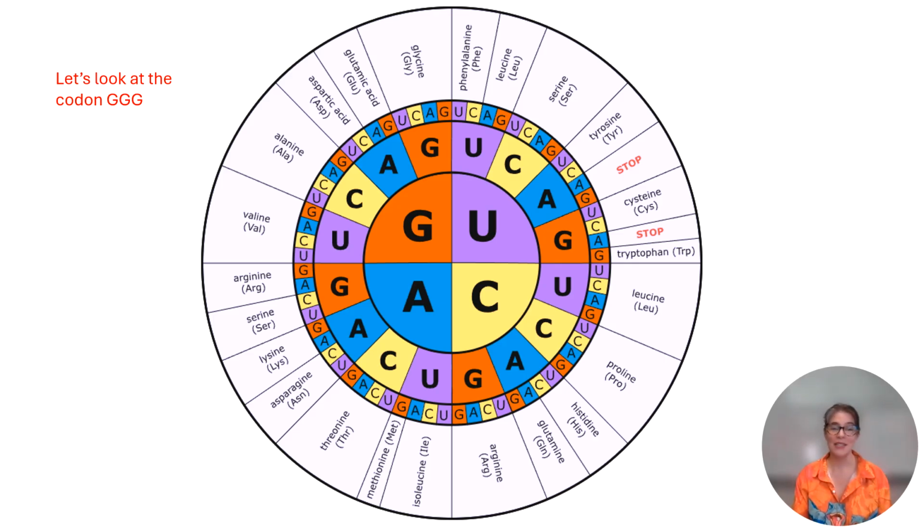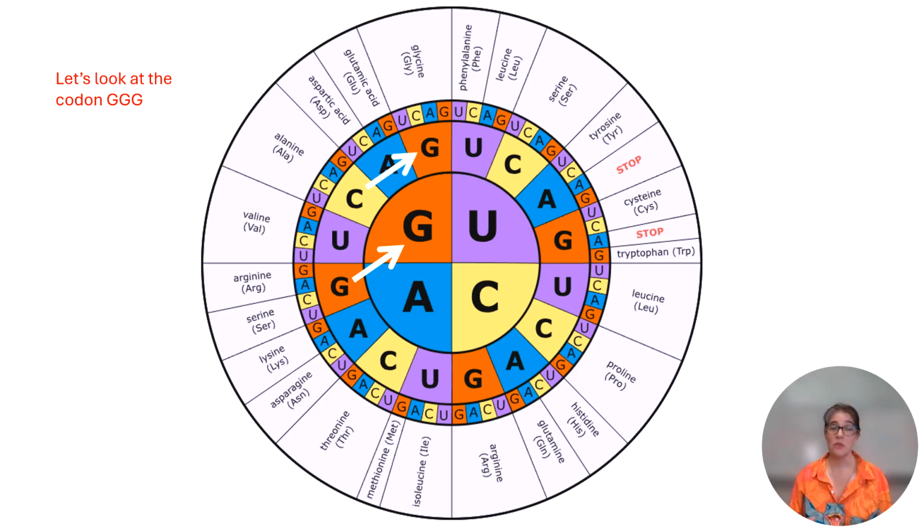So let's code for GGG. Nice, easy, straightforward. So first, for a circle codon chart, you start in the middle, where you have G, U, A, C. So the first letter of the codon, GGG, is G. So we find G in the middle.